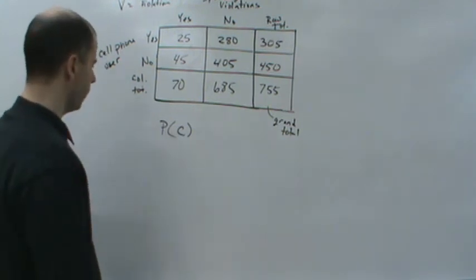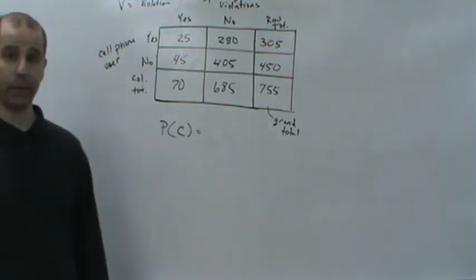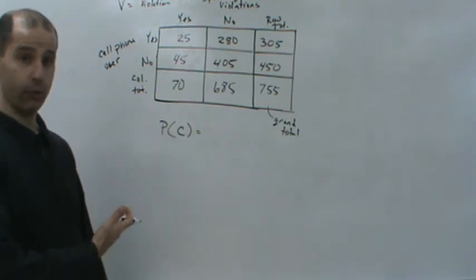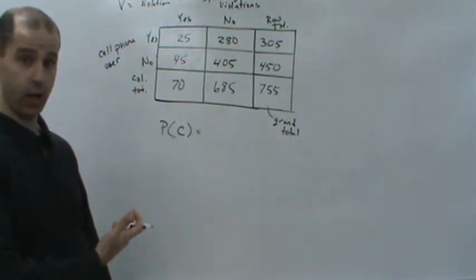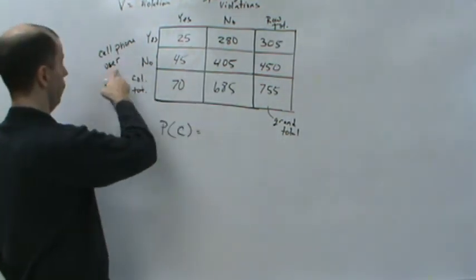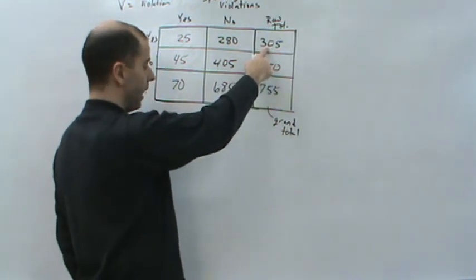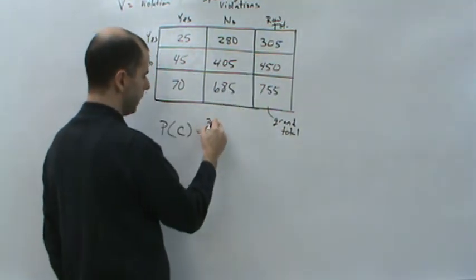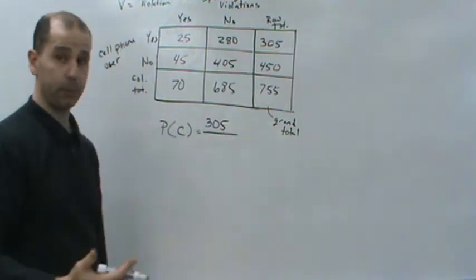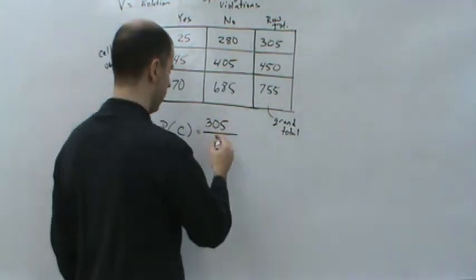But anyway, so based on the table, what is the probability that a randomly chosen person is a cell phone user? Well, how many people out of the whole table use their cell phones? It's going to be right here, all the way here, 305. So 305 people are cell phone users over how many people are there in the entire study? 755.